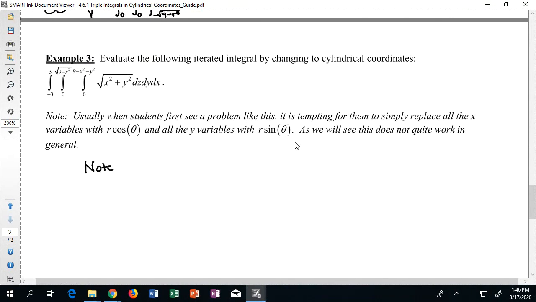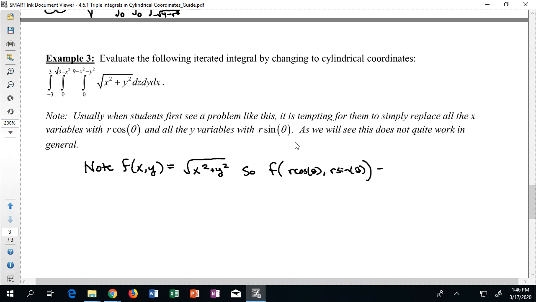I'm going to note that the function we're integrating seems to just have the formula of root x squared plus y squared. Of course, if I was working in cylindrical coordinates, I can change this into r cosine theta and r sine theta.